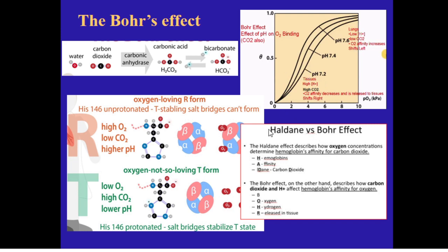This is named the Haldane effect. So look, the Haldane effect describes how the affinity of hemoglobin to oxygen depends on carbon dioxide. The Bohr effect describes how this hemoglobin affinity depends on protons, on pH. And this is a mnemonic rule.